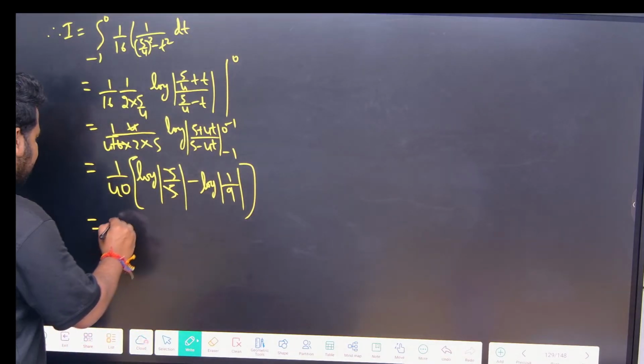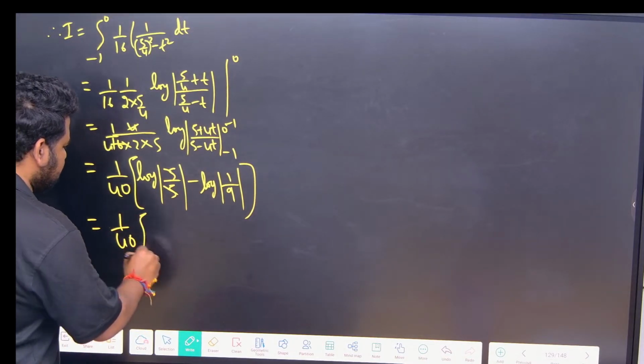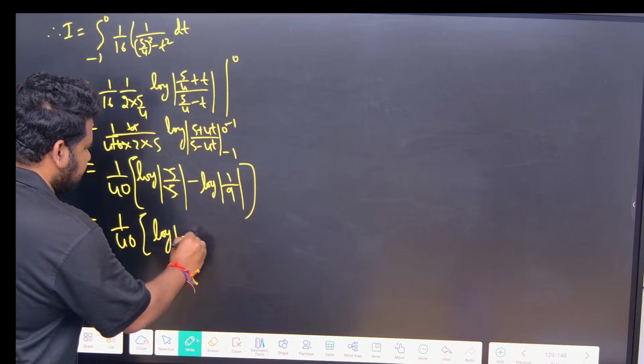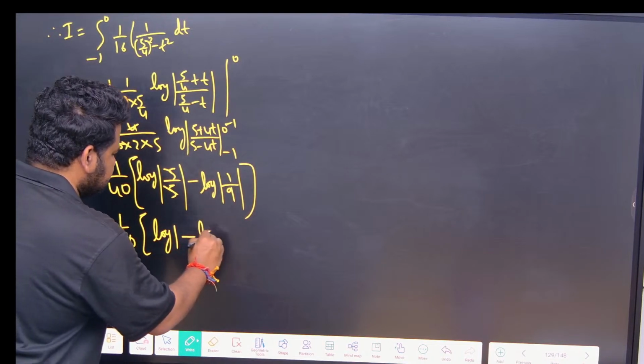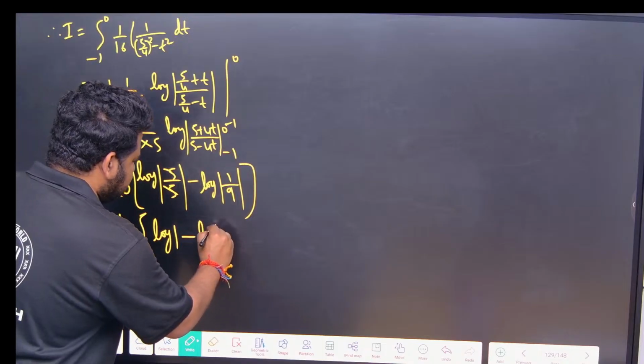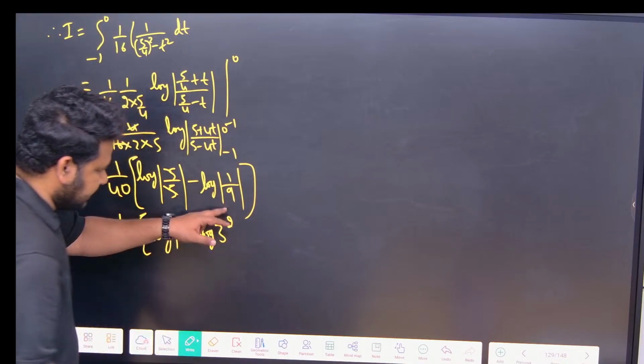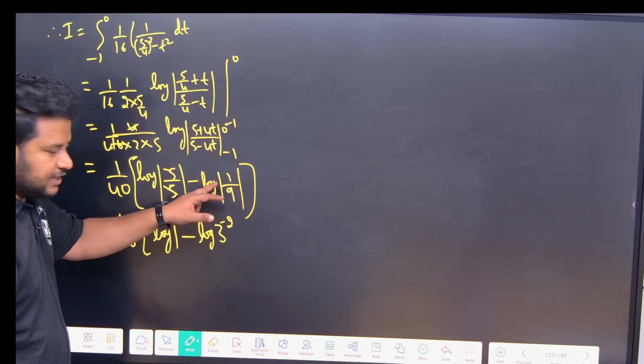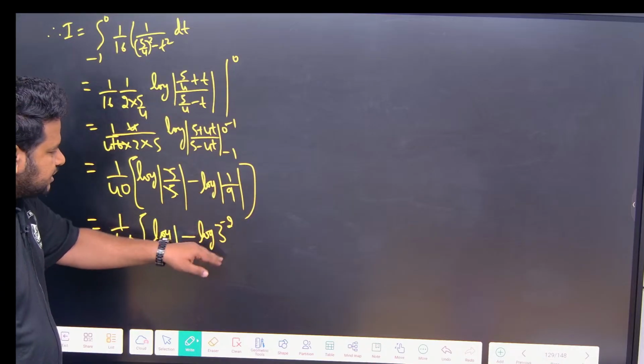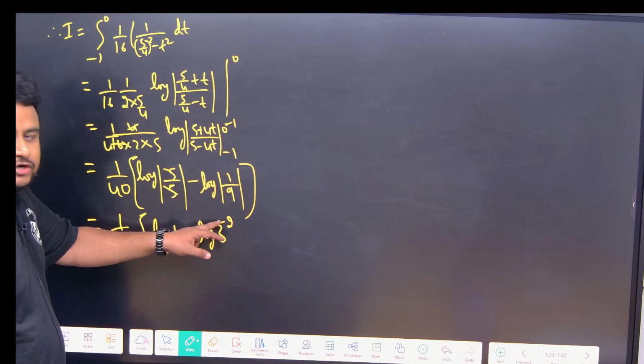Therefore we will have 1 by 40 into log 1 minus log 9. I can write this as log 3 to the power of minus 2, because 9 is 3 square, and bringing it up, this becomes log of 3 to the power of minus 2.